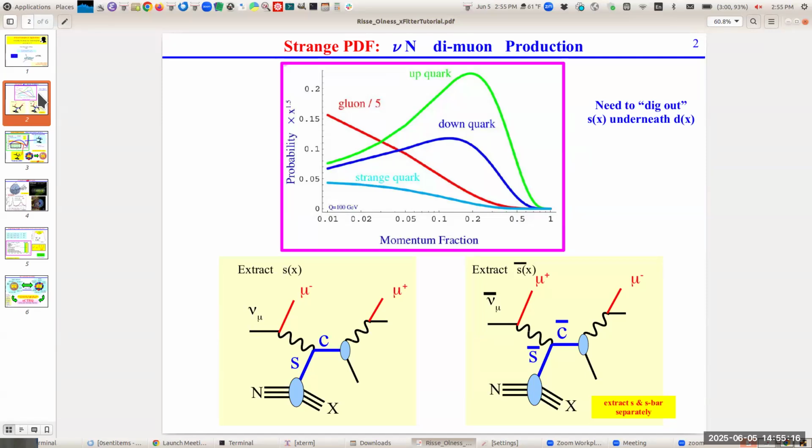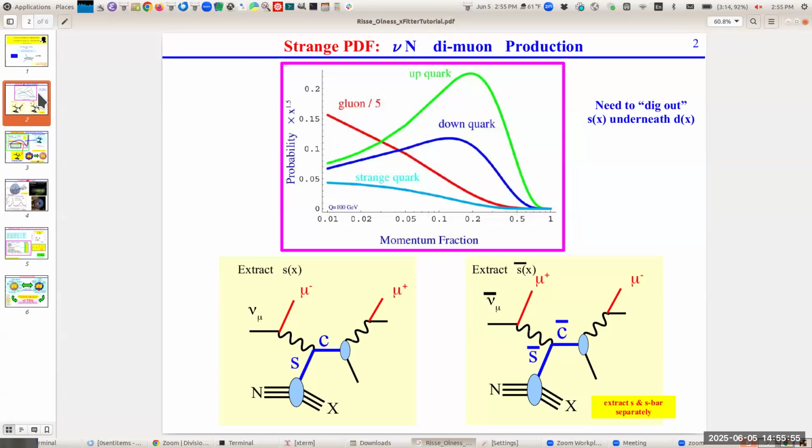Otherwise, you're trying to measure something very small underneath a ton of background. Even better, they had a sign-selected beam. So they could do a neutrino beam, but also an anti-neutrino beam. And so they could get the anti-strange in the same process, and they could actually look at that difference. So that was a very nice experiment. What they found in general was that you expect the up and down quark valence, but then there's a bunch of anti-up and anti-down that you'll hear about next week from Tim Hobbs.